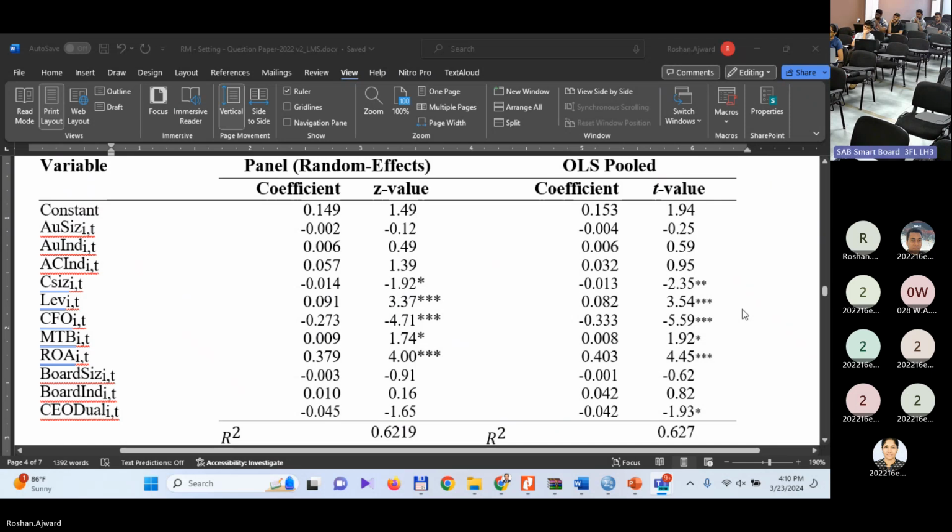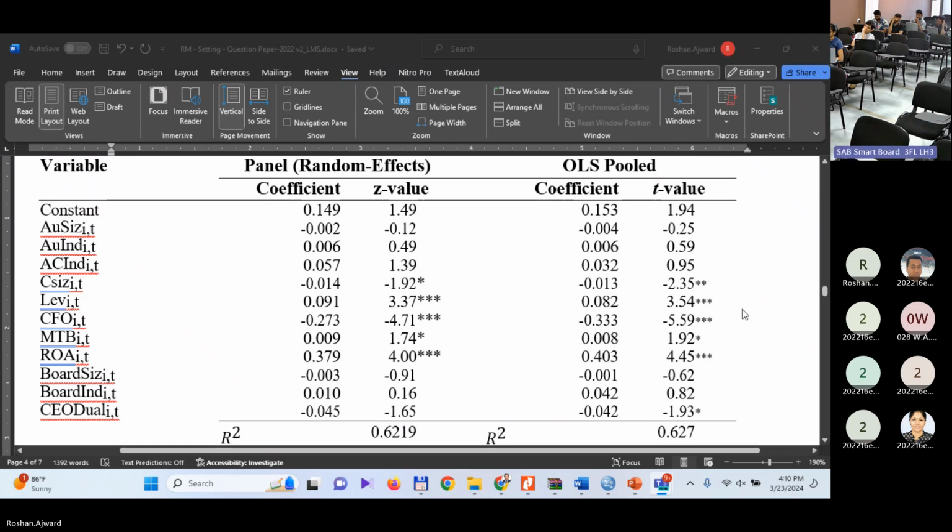That's the intercept. The intercept is that constant. Then we have all the independent variables that you have considered. What are the independent variables? Auditor size, auditor's independence, audit committee independence, company size, leverage, CFO, like this. All are defined up there in the table.